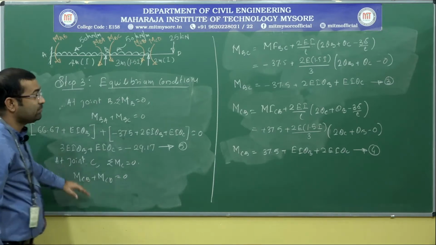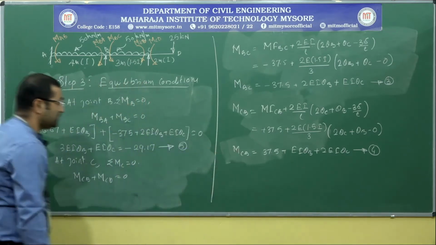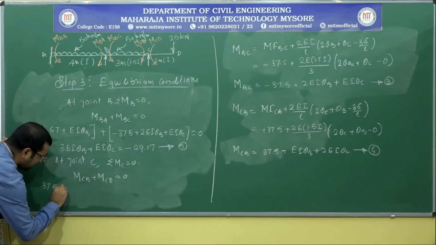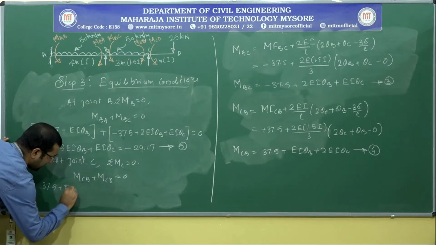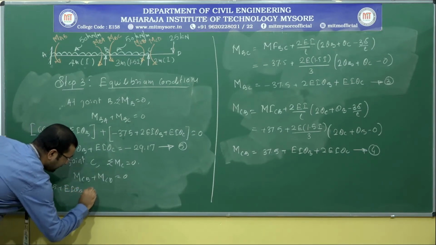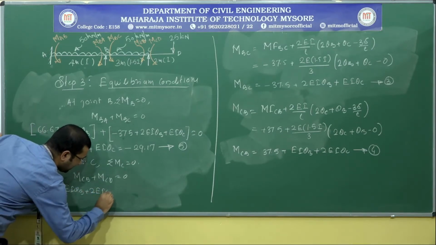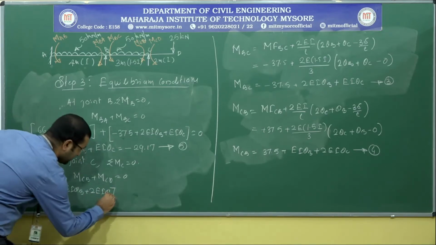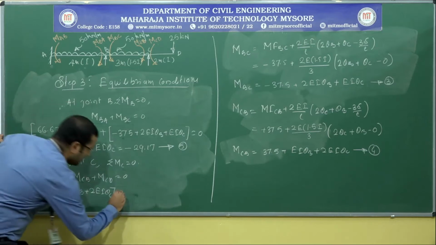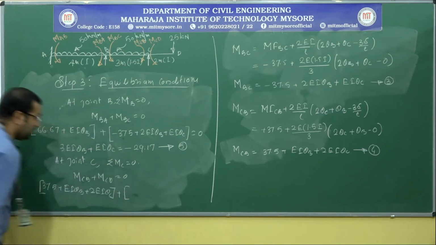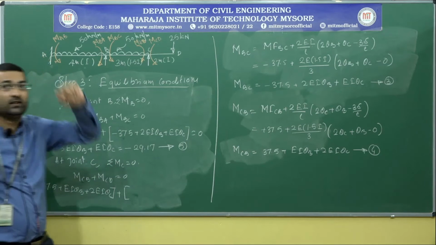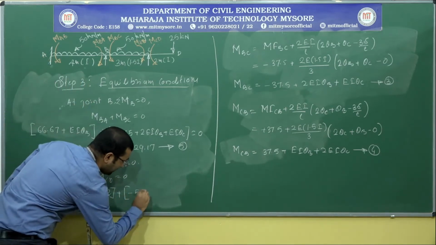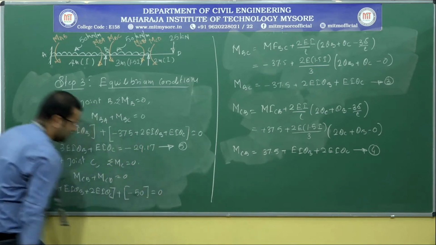The value of MCB we will get from equation number 4, that is 37.5 plus EI theta B plus 2 times EI theta C. Whereas the value of MCD, which we calculated in step number 1, is minus 50 kilonewton meter.